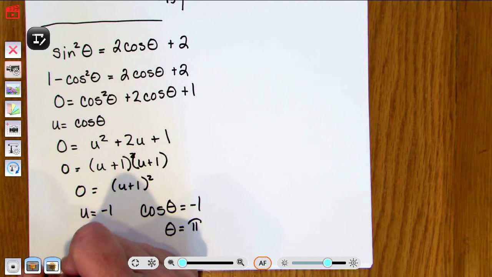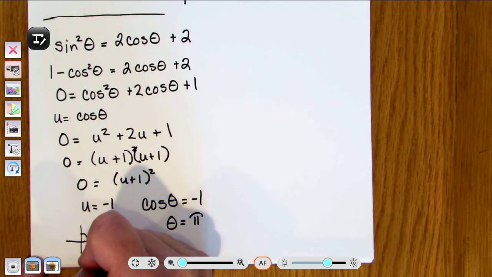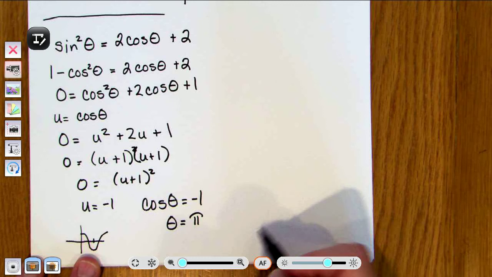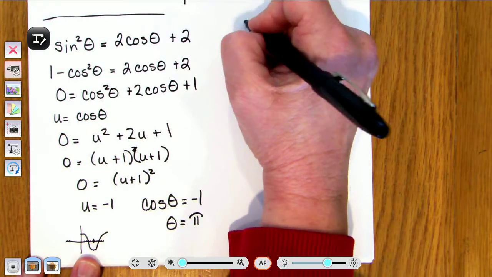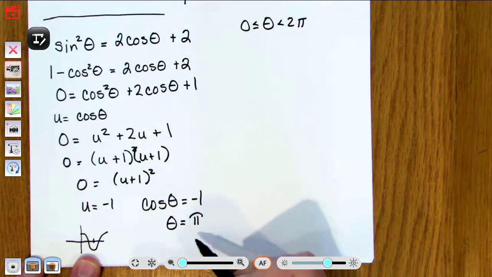Okay, I always think of my cosine curve. Here's my cosine curve. Down here, that's right halfway there, so that's at pi. If this was one time around where my solutions, if this was what I was looking for, I would be done.